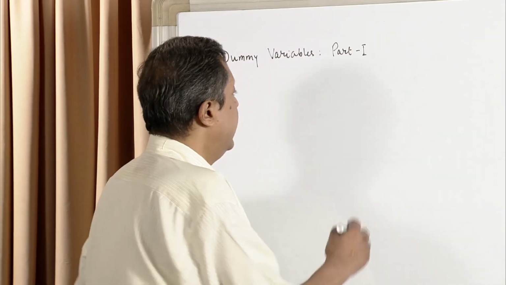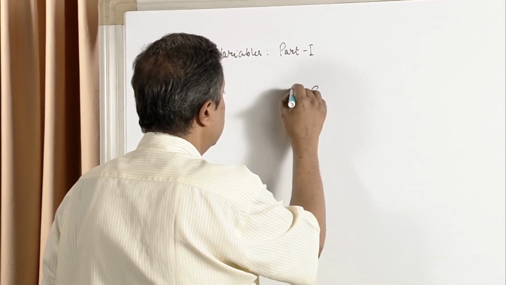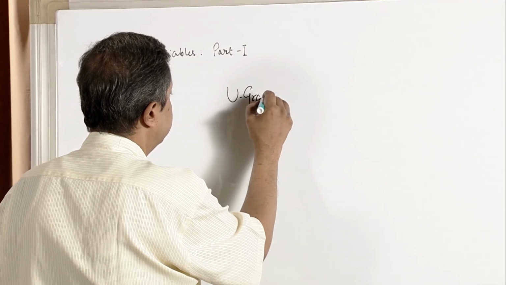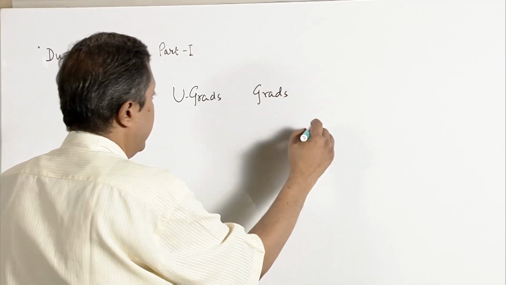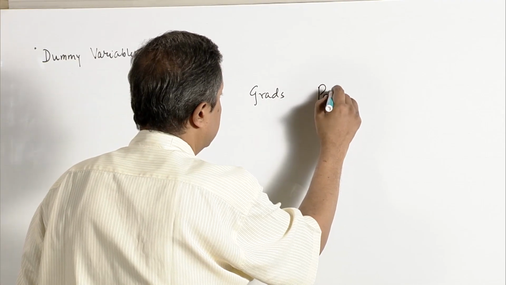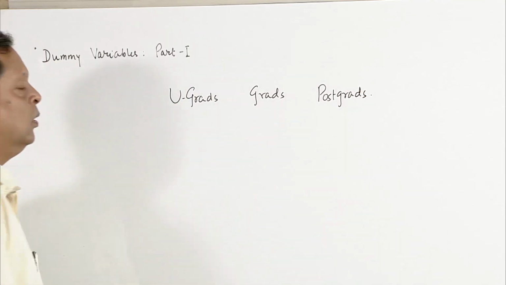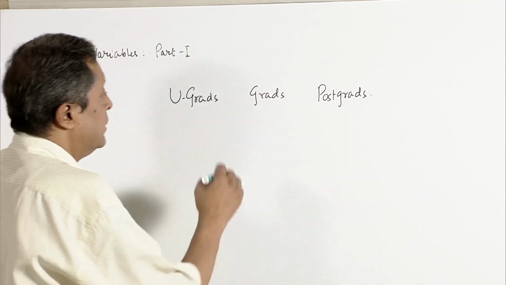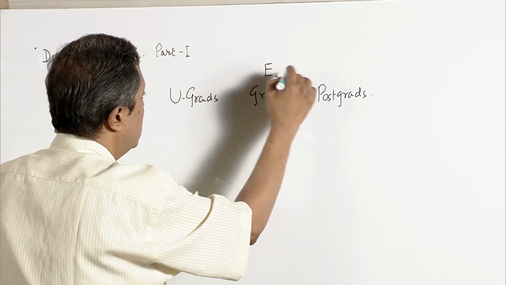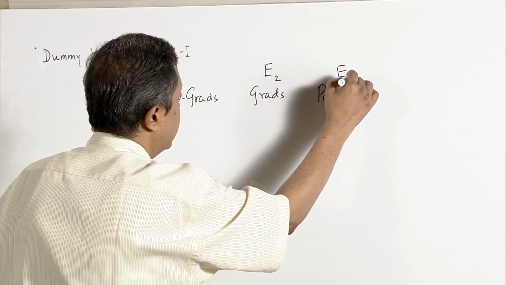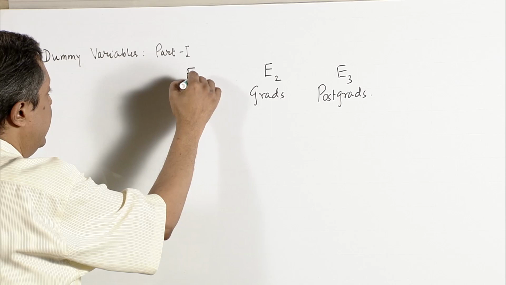So, education now we are considering undergraduates, graduates and postgraduates. So, we will now consider 2 dummy variables E2 and E3. Of course, implicitly there is this possibility E1.